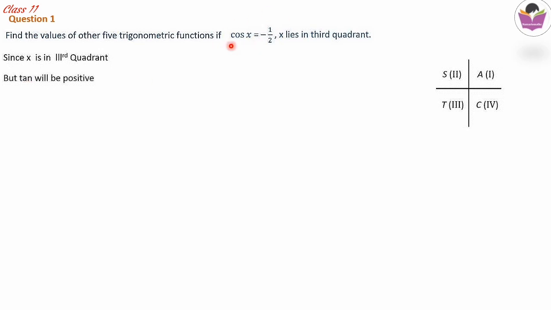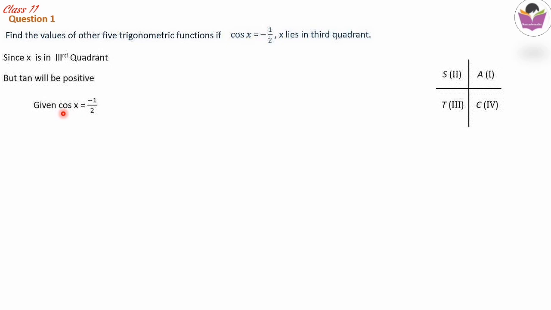So cos x is equal to -1/2, which is negative because it is in the third quadrant. The remaining 4 trigonometric functions will be negative. So here cos x is equal to -1/2, and we have to find the other trigonometric ratios.